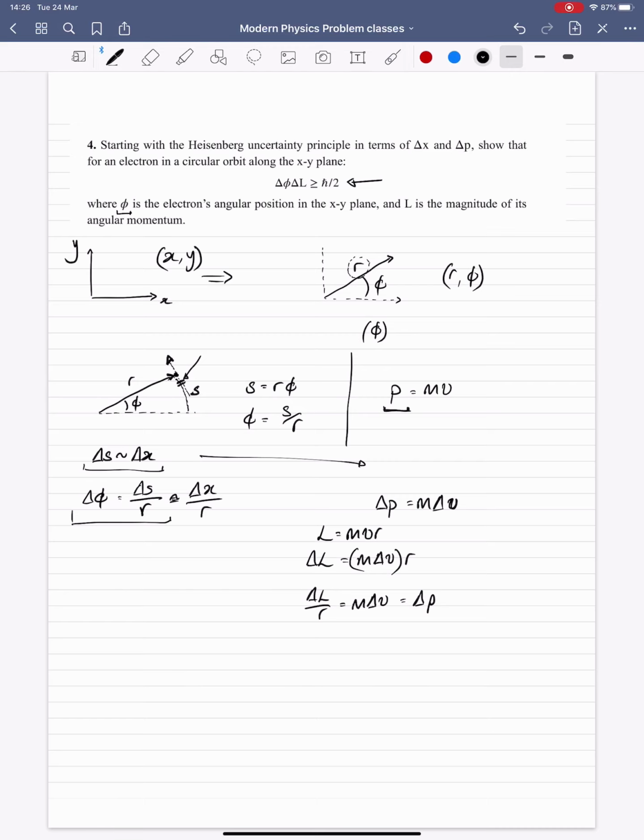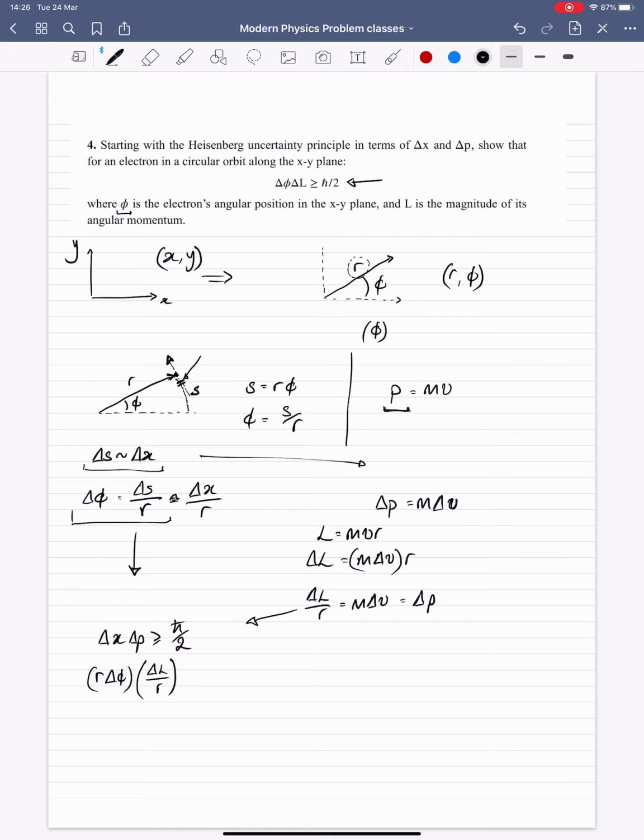So now we can put this together from our previous Heisenberg uncertainty principle. Delta x times delta p is greater than or equal to h bar divided by 2. Substituting this and our delta p into our uncertainty equation, what we get is r times delta phi, which is our delta x, multiplied by delta L divided by r.